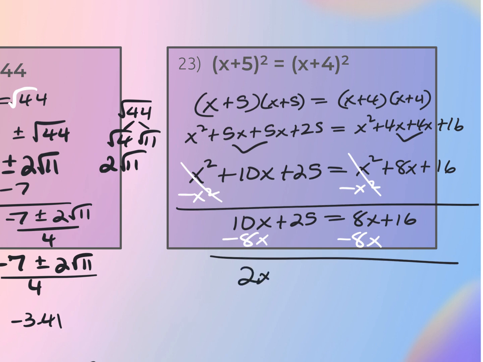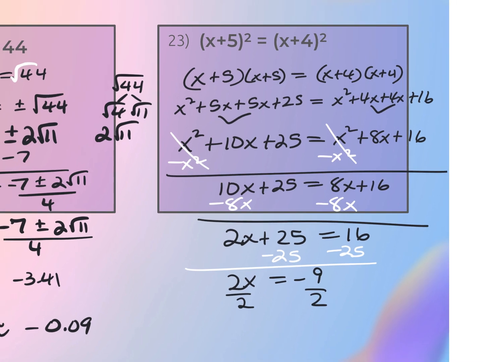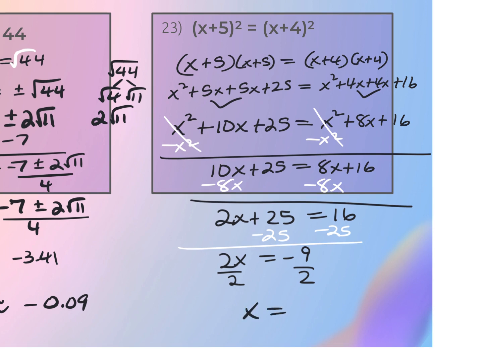I end up with 2x plus 25 equals 16. Subtract the 25. 2x equals -9. Divide by 2. And x equals -9 over 2. WebAssign will let you enter it as a fraction.